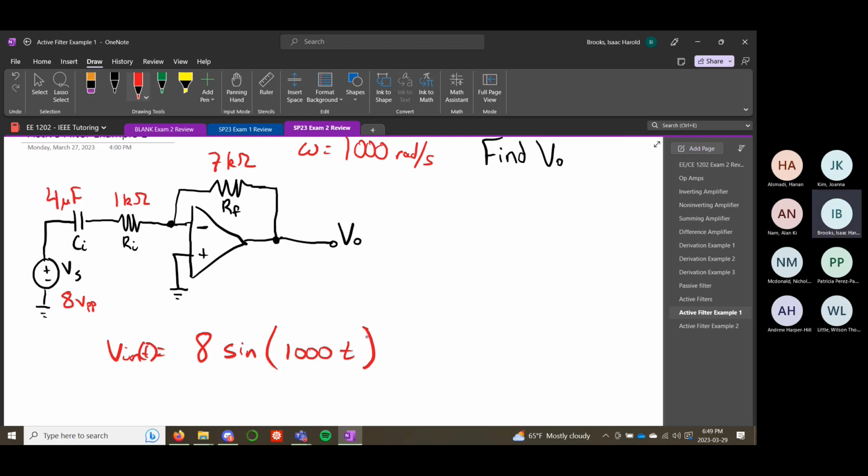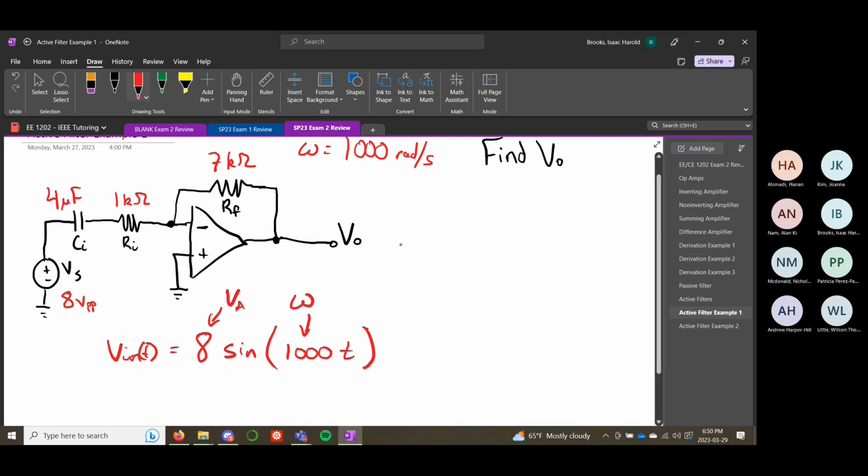Or cosine, I guess. We haven't been given a phase shift, but it doesn't really matter. So you might be given a signal that looks like this, and you'd have to recognize that this 1000 is your omega, and this is your amplitude. That would have been maybe a better example to give.